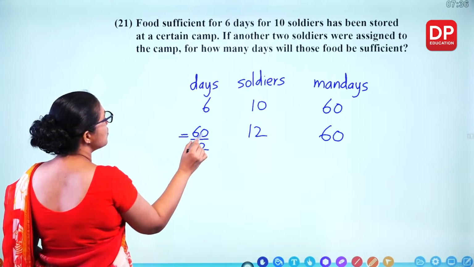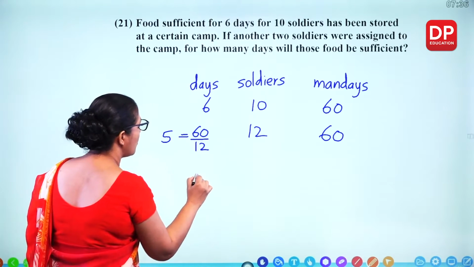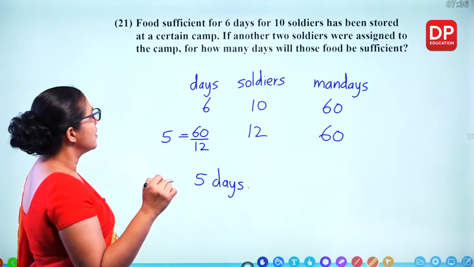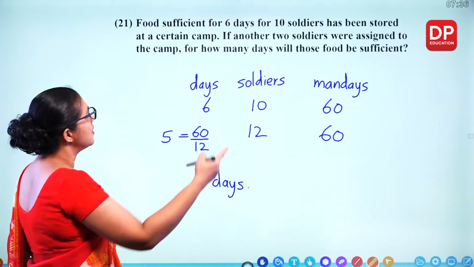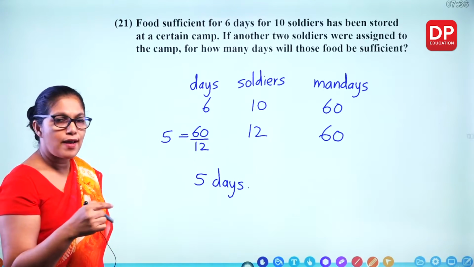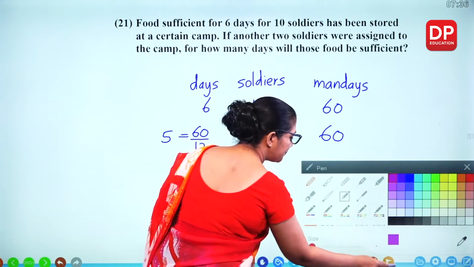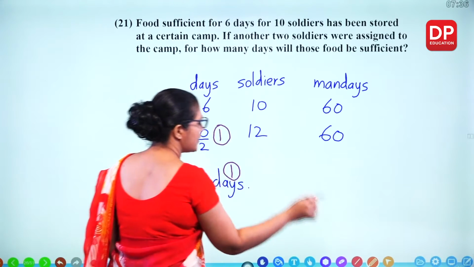That's 12 times 5, 60. So 5 days now they can survive with this food. Earlier 6 days. Now after increasing 2 soldiers, they can survive only 5 days. So 1 mark and 1 mark for the method.